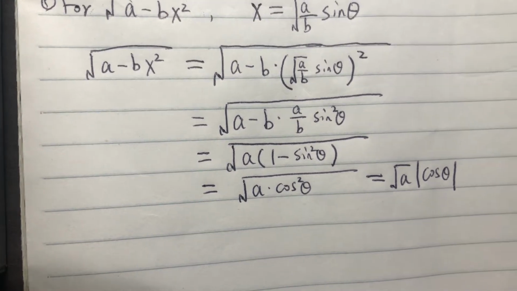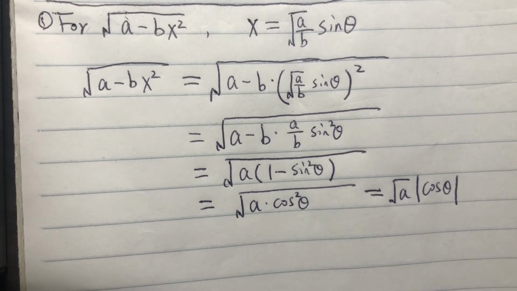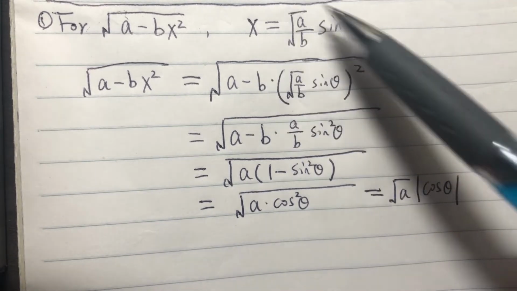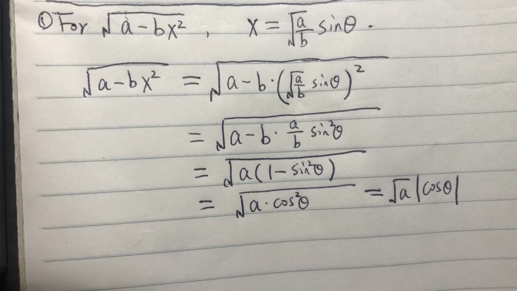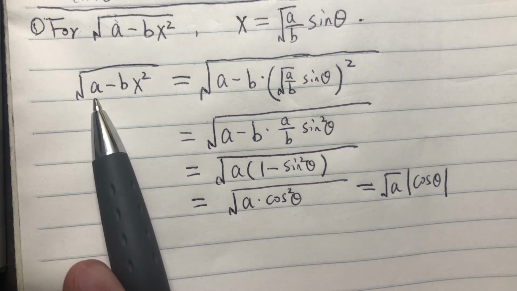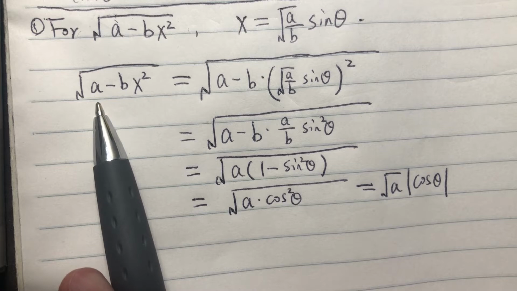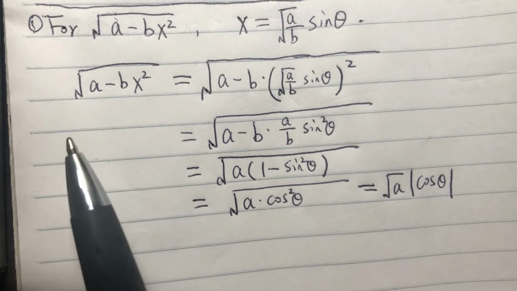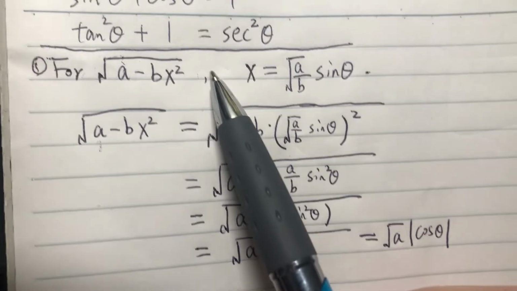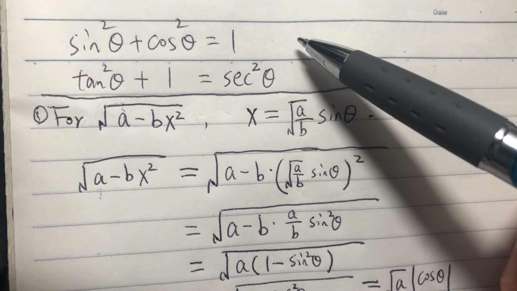So if you have a form like square root of a minus b x squared, for a and b both positive, use this trig substitution. How do we come up with this substitution? The idea is you can first make this constant a to be 1, not for free, so you know which of these identities you want to apply.